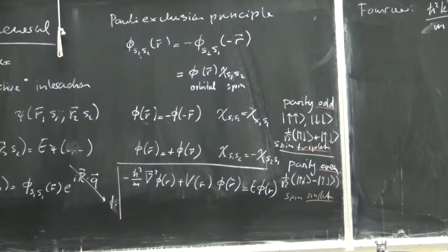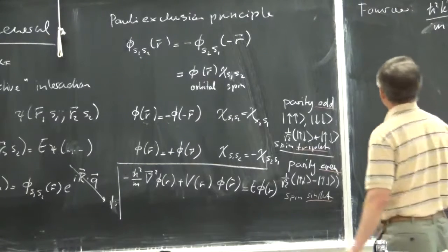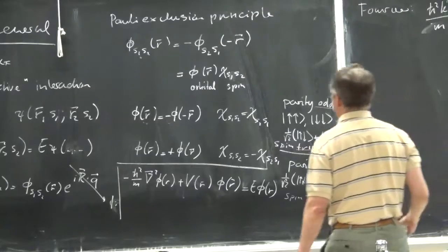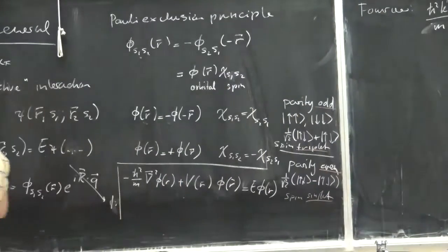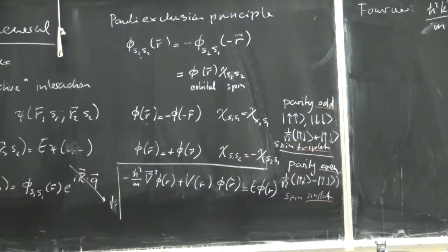So we have such a form. G of K, maybe I nevertheless should write what is G of K. Let me just write G of K is the Fourier transform of phi of r. So that's our wave function now.